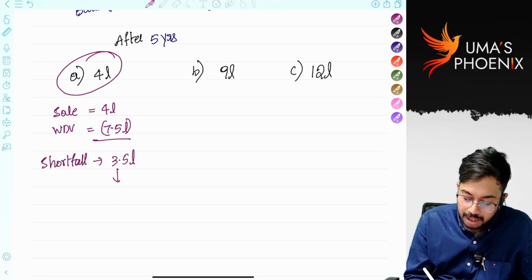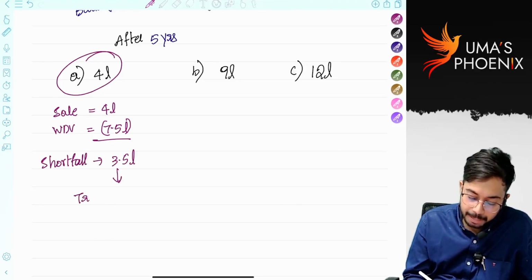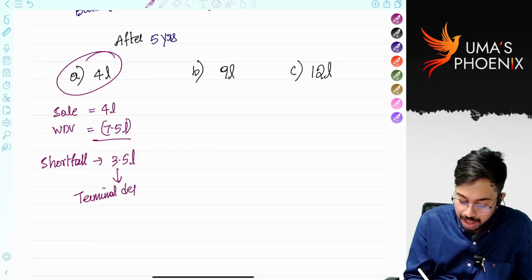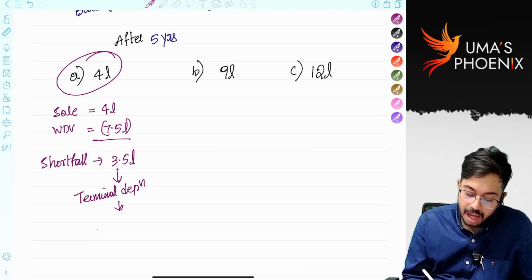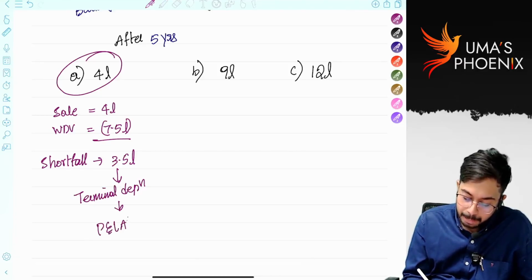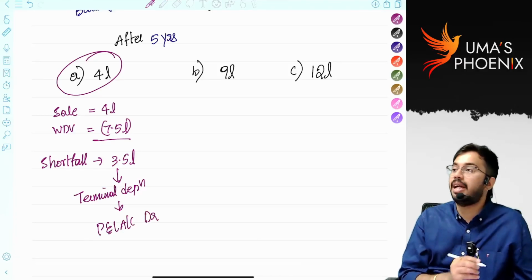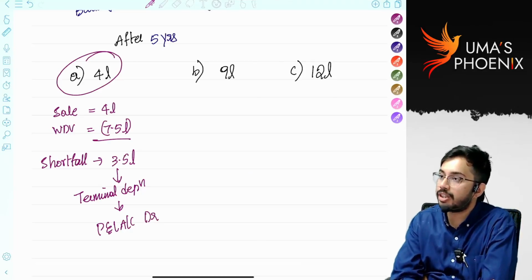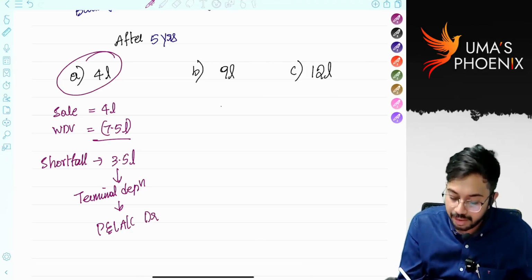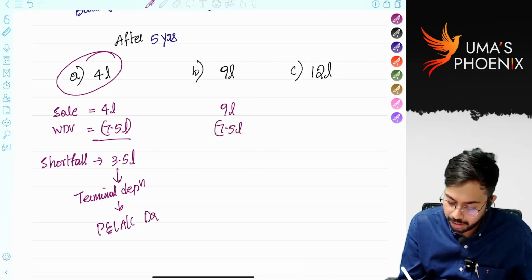The shortfall is also called terminal depreciation and it is allowed as expenditure under the PGBP head. It is allowed as depreciation in the P&L account on the debit side, as a deduction.